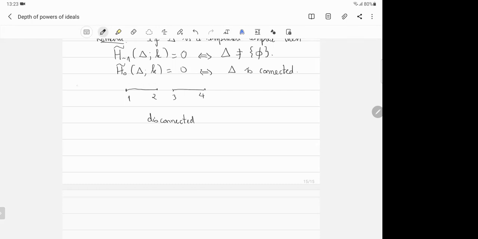I will usually write only the facets, the maximal faces of the simplicial complex. So the simplicial complex with these facets is disconnected, while this one, for example, is connected.